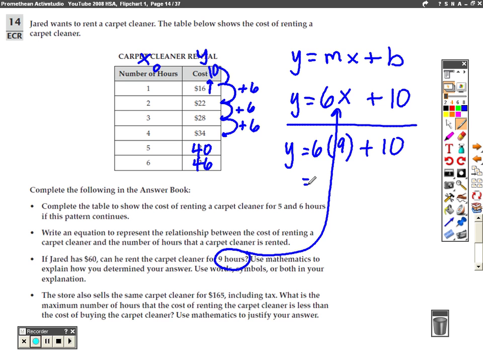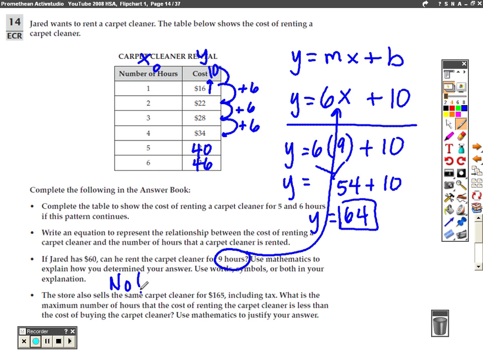That would give me 6 times 9 is 54 plus 10, and I get $64. So if I want to rent the carpet cleaner for 9 hours, it would cost me $64. And if Jared has $60, can he rent it for 9 hours? No. He can't rent it because it costs $64 and he only has $60.